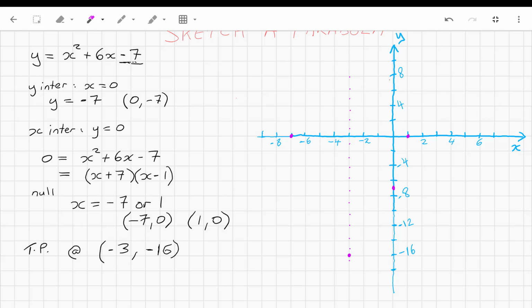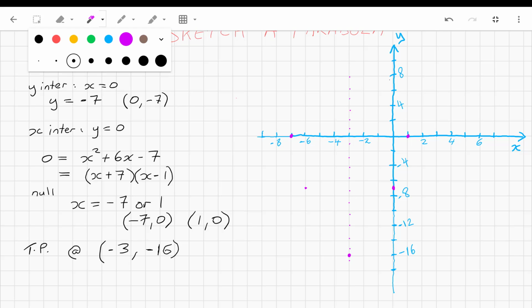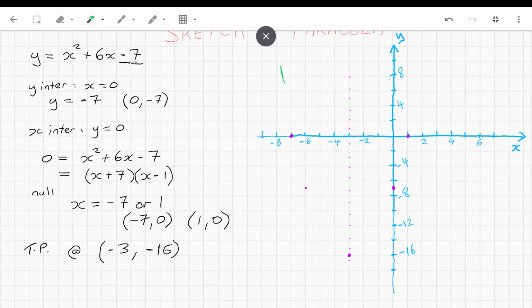The other point that I can use to help me, just using symmetry, is on this line here at -6, that equivalent point there. So I just grab another color here, that's green, and I try to join the dots and make a parabola.